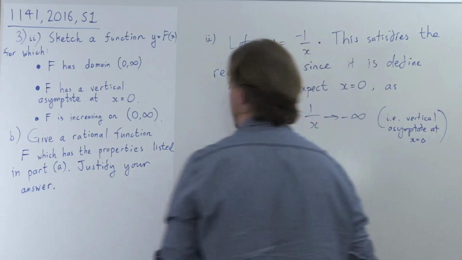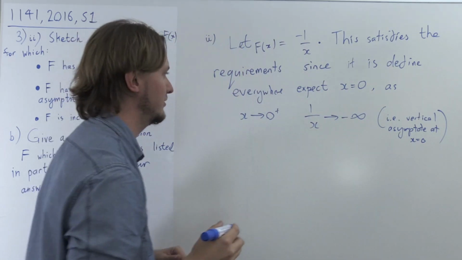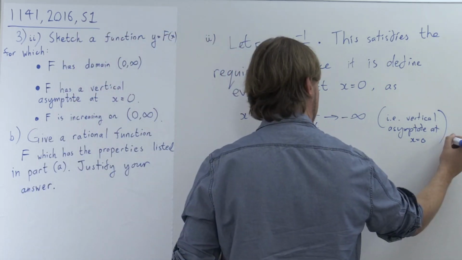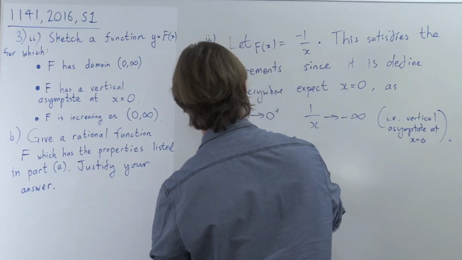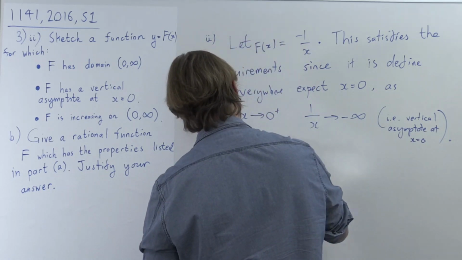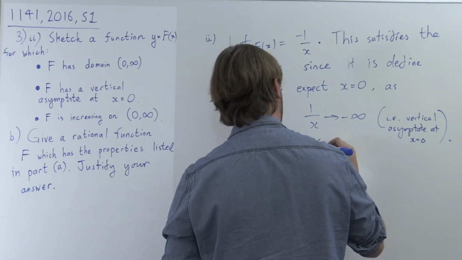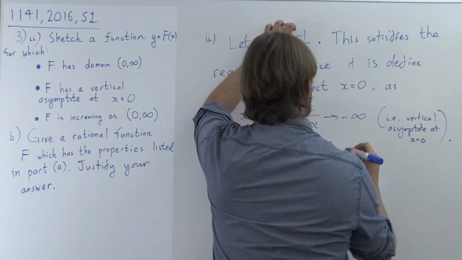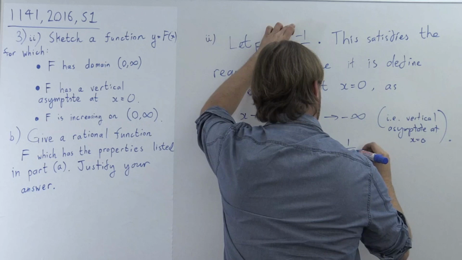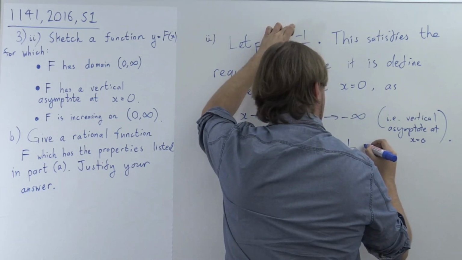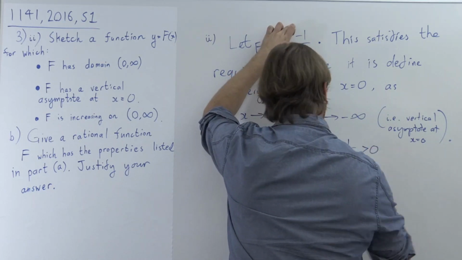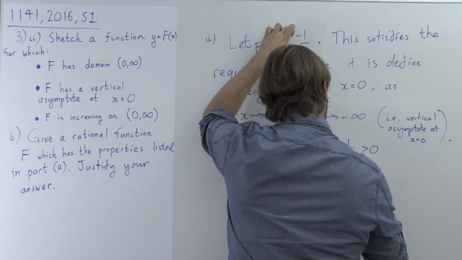And to prove it's increasing, well, let's just take its derivative and look at its value. Finally, the derivative of f of x, the derivative of this is actually just 1 over x squared, and that is greater than 0 for x greater than 0.